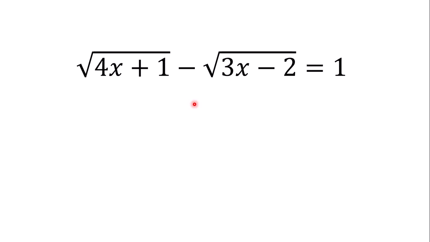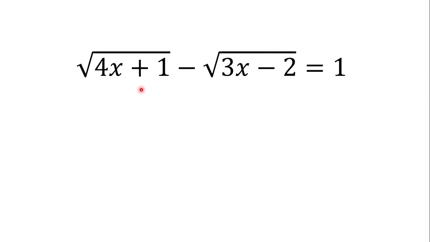You can maintain this equation as it is and then square both sides. You all know that is the first step, right? But if you don't want that, you can send either this or this to the other side and then square both sides.